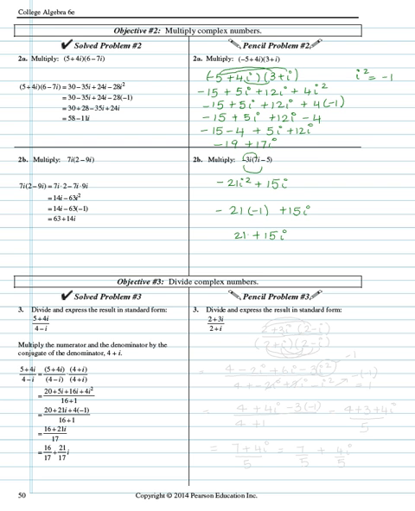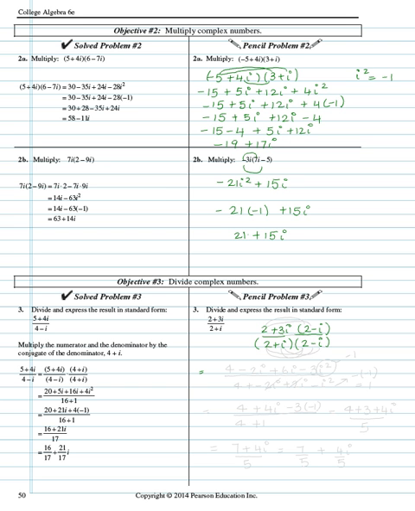Now with division, 2 plus 3i over 2 minus i. Remember, I multiply and divide by the conjugate. So when you multiply in the denominator, do not forget to multiply in the numerator.